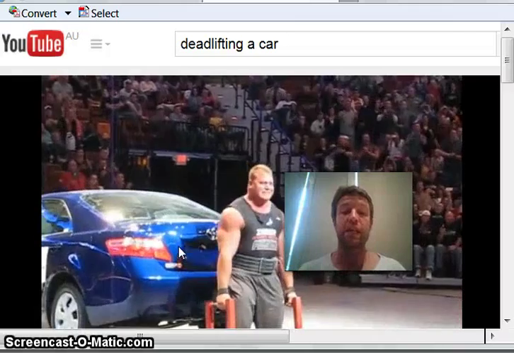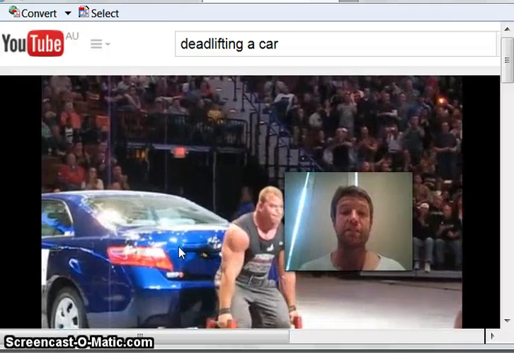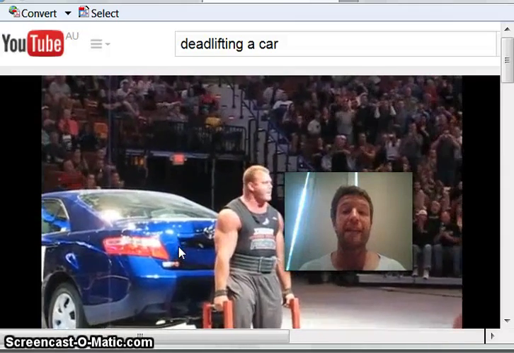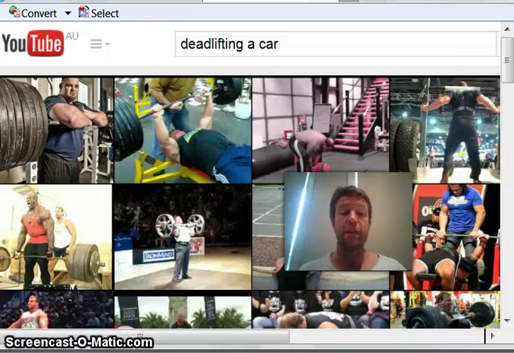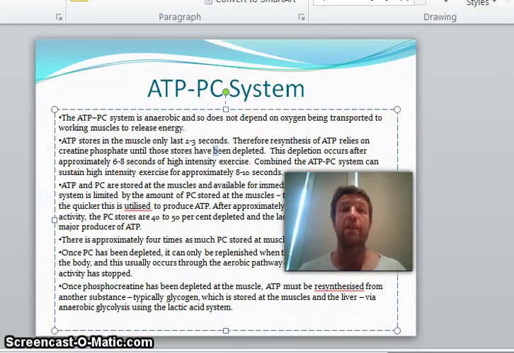Now what's going on here clearly is that the energy system that is dominant is probably no longer his ATP CP energy system. Instead, the dominant energy provider is the anaerobic glycolytic system. Now it can't provide energy as quickly for ATP resynthesis, and that explains why his contraction speed, or the speed at which he was lifting the car, slows down.